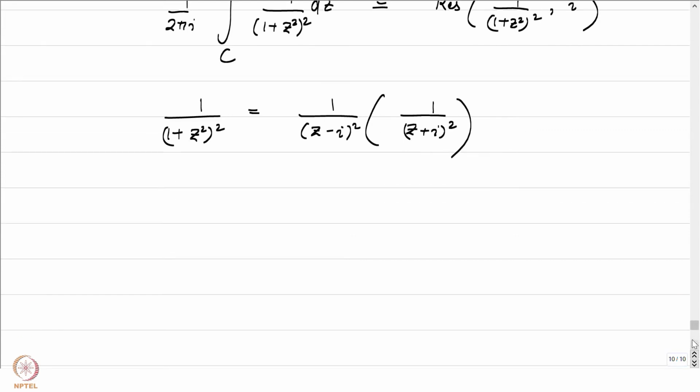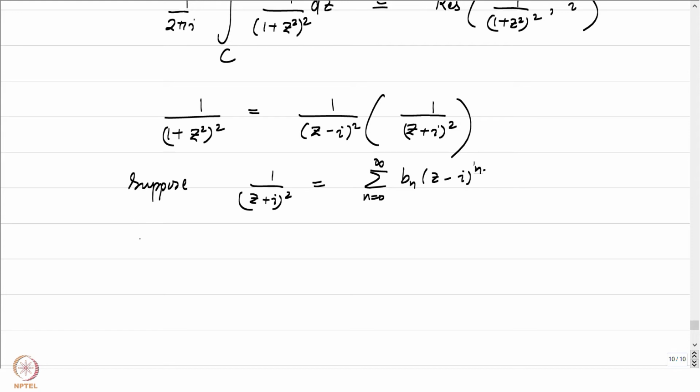Now, if you consider the power series expansion of 1 by (z plus I) the whole square, suppose 1 by (z plus I) the whole square is equal to some summation b_n (z minus I) to the power n. This is a holomorphic function in a neighborhood of I, and therefore this certainly makes sense to write it like this.